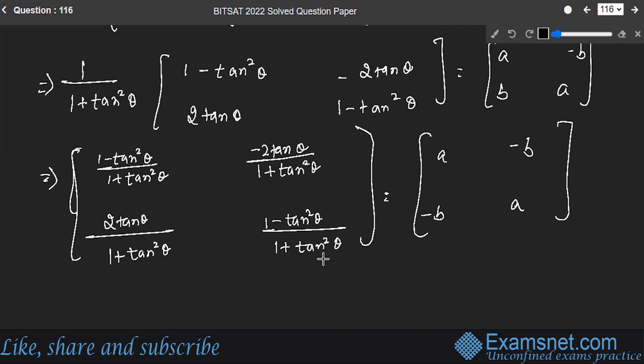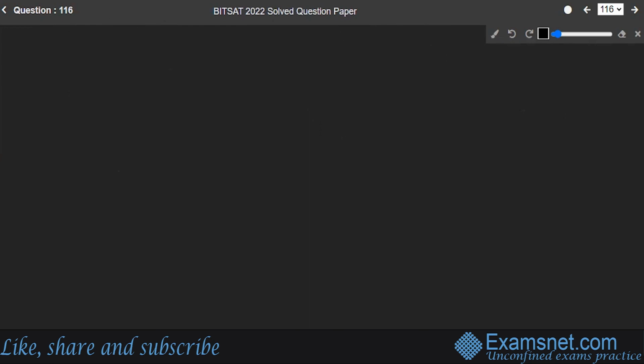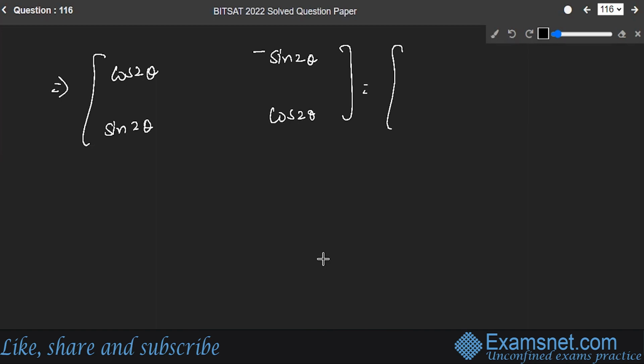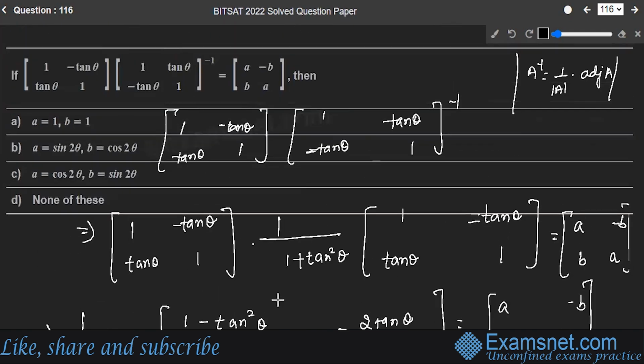So further, this is equal to cos 2 theta, sin 2 theta, minus sin 2 theta, cos 2 theta, that was equal to this, which gives you a as cos 2 theta and b as sin 2 theta. So this is it. You have option C as the right answer.